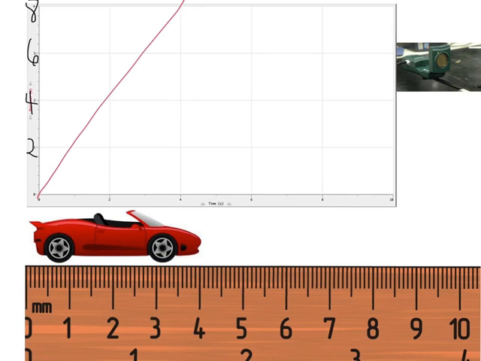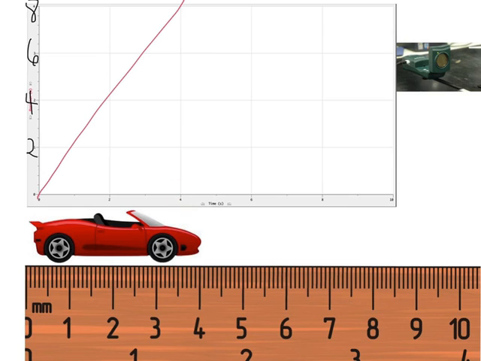Now the Ferrari gets to 2 meters at 1 second, which is right there. And it gets to 4 at 2 seconds. And finally, it gets all the way to 8 right here at 4 seconds. So that would look something like this.